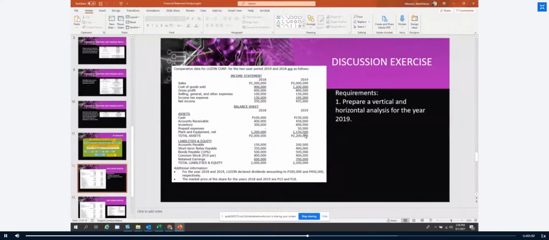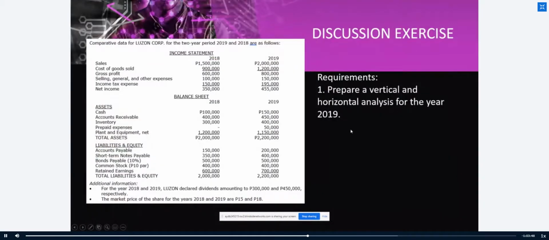So for the discussion exercise, the requirement is to prepare a vertical and horizontal analysis for the year 2019. Comparative data for Luzon Corporation for the two-year periods 2019 and 2018 are as follows.